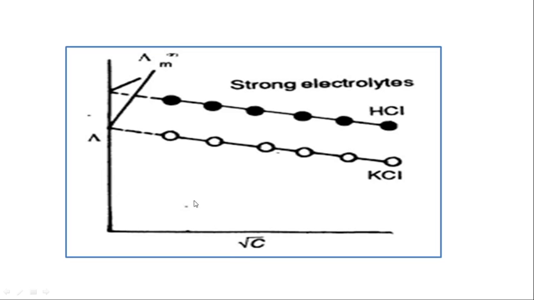Now, if you look at this, here what we have plotted is molar conductance against square root of concentration. If we move in this direction, the concentration goes on increasing. If we move in this direction backwards, concentration goes on decreasing.